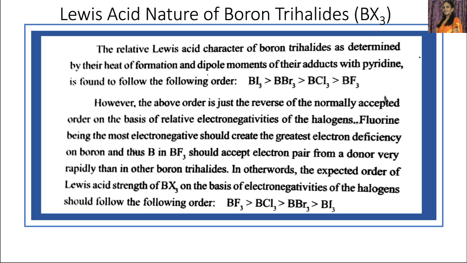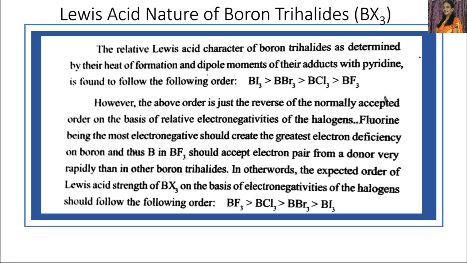As fluorine is more electronegative when compared to boron, this boron should accept a pair of electrons readily. When it accepts a pair of electrons readily from other atoms, it should have more Lewis acidic nature when compared to the rest of the three. But the order is like this.